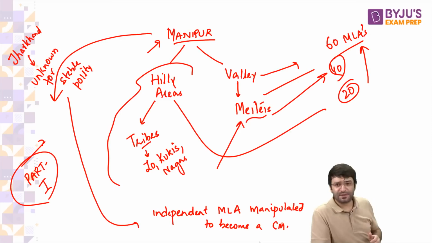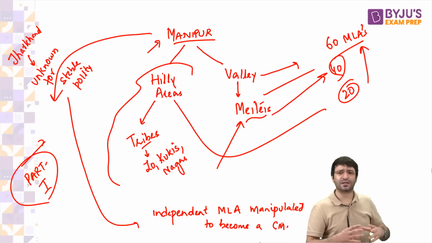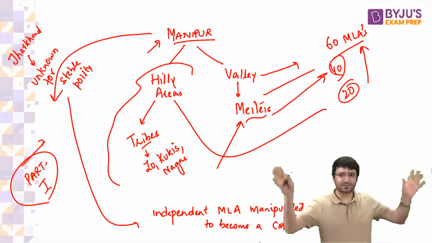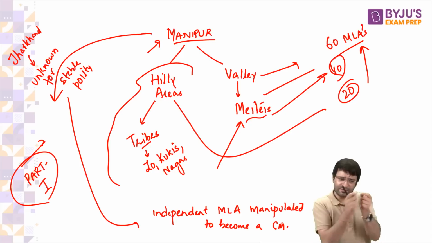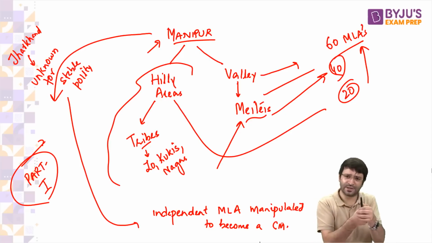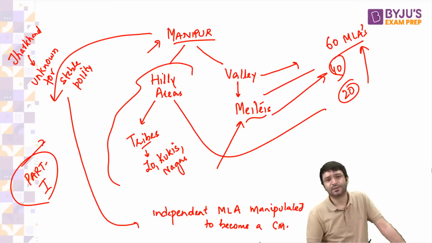One, equitable development, because development will reach all areas of that state as the span of attention is less. Second, stable polity, in the sense that it will give us a stable government. There will be fewer chances of multiple parties contesting the election and winning a few seats here and there. One party will be able to get the majority, which basically means no coalition government, which means stable polity. But Jharkhand is not known for stable polity.